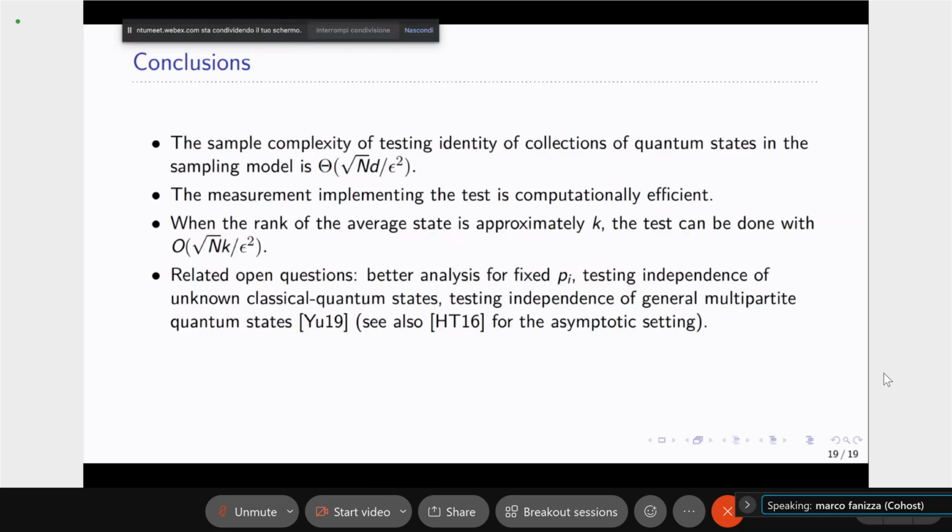And about testing independence, the problem of testing independence for general multipartite quantum states is still open, although in this paper there have been several advancements. And this problem is also interesting in the asymptotic setting, and see also this other paper here. So with this, I have finished, and I thank you for the attention.